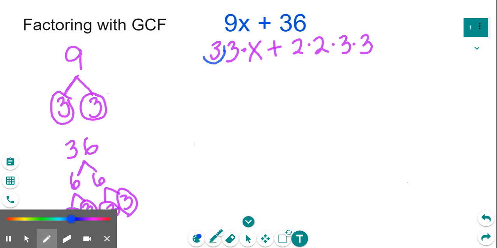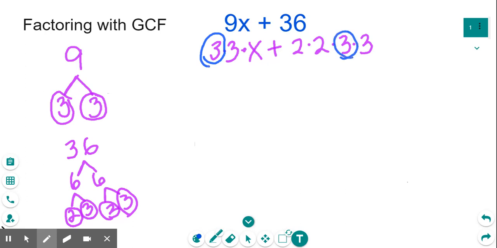So here we have a 3, and here we have a 3. And then here we have another 3, and here we have another 3. And notice that there's nothing else in common with 9x and 36. So our GCF is 3 times 3, or 9.